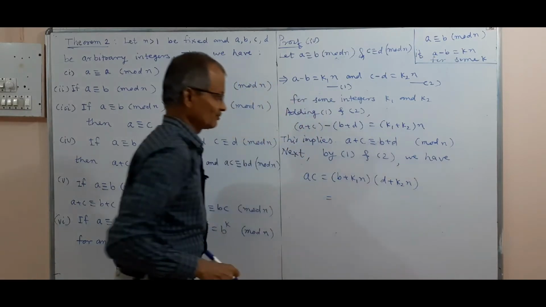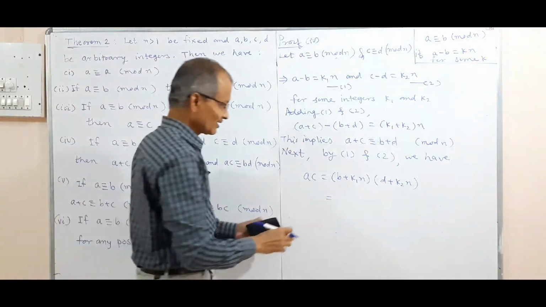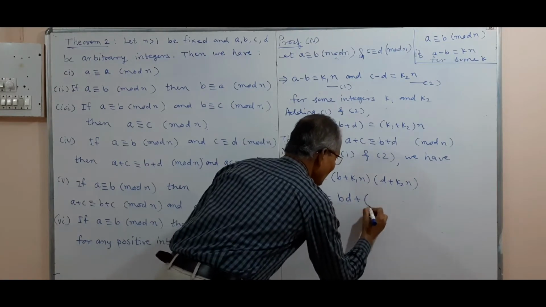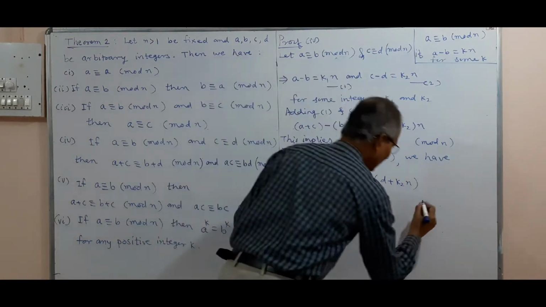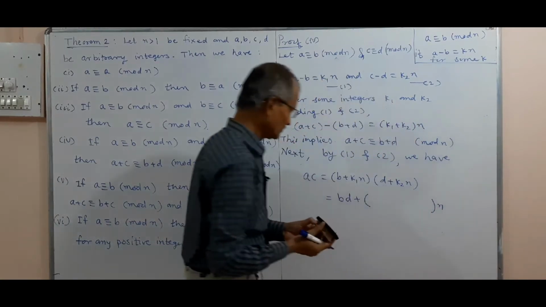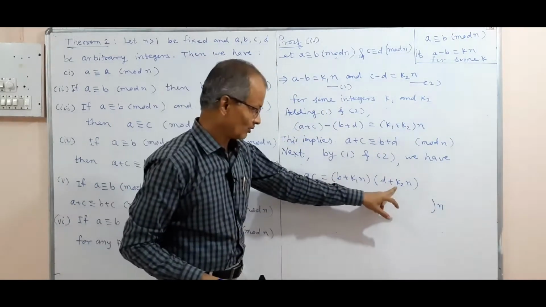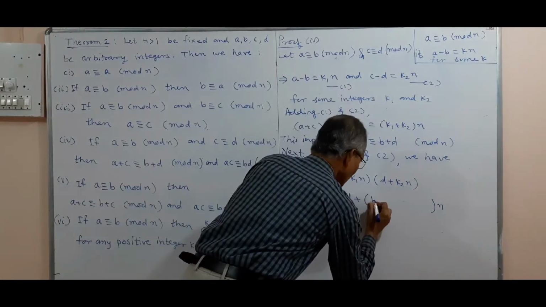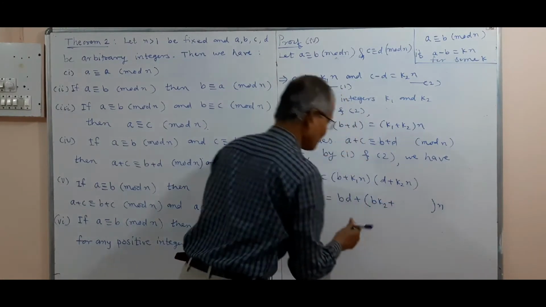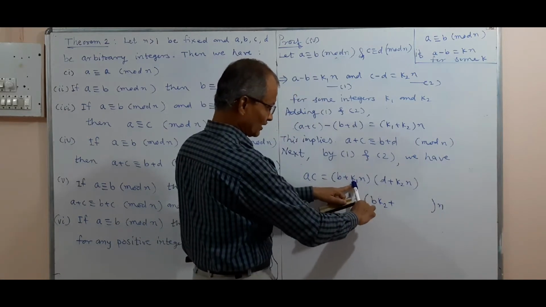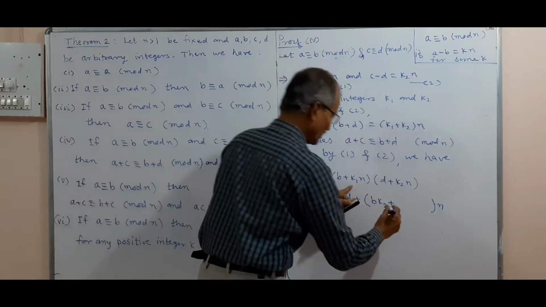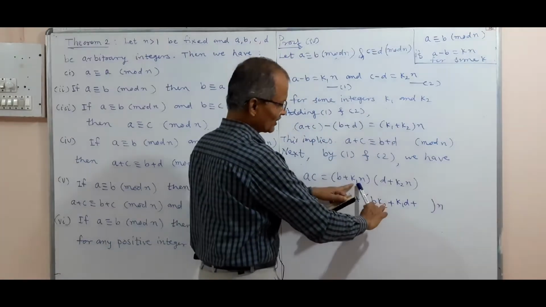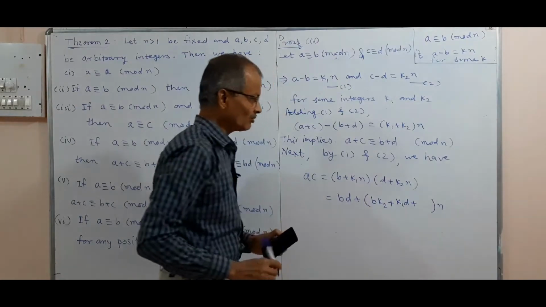Now see this product. So first B into D, and plus, for the remaining we will take n common. You may observe the simple product B k2 times n, n is taken common, so B k2, and next multiply D and k1n, so n is common, k1d, and plus, now the last term will be k1 k2 n square.